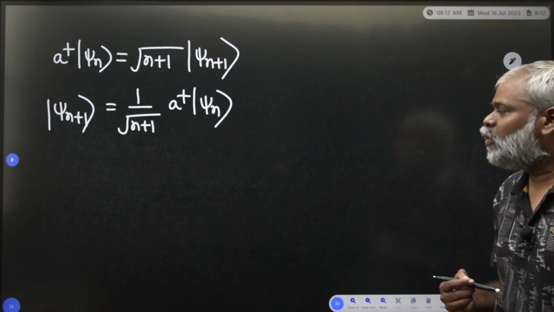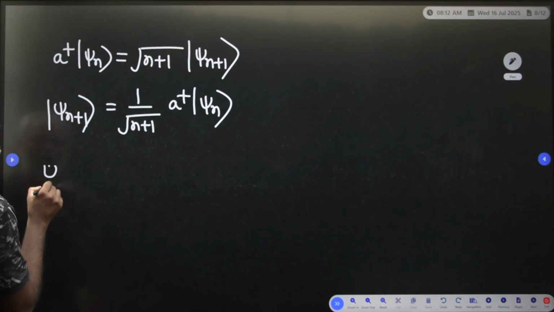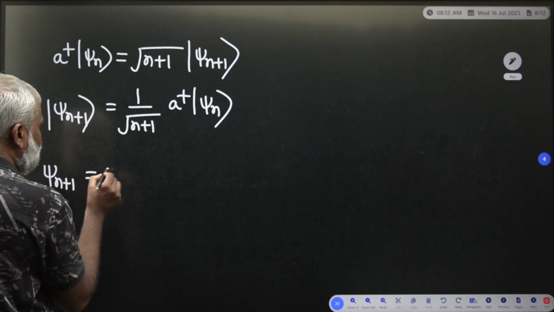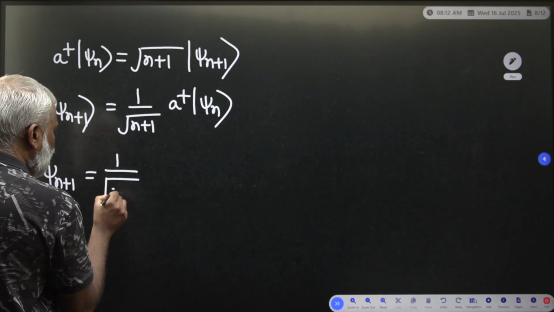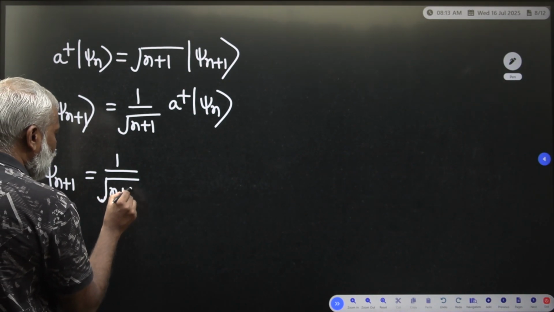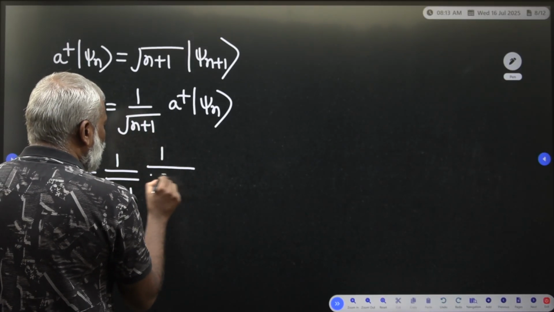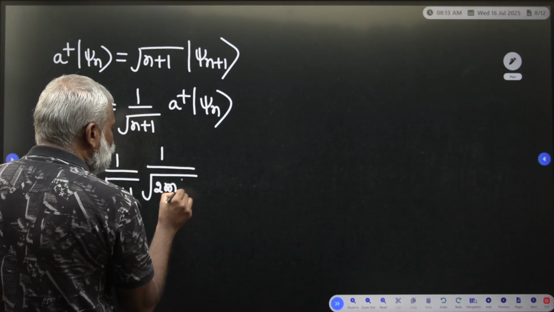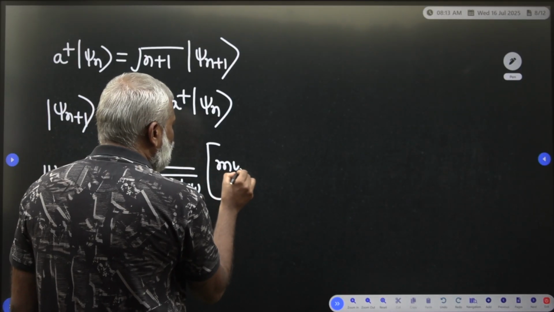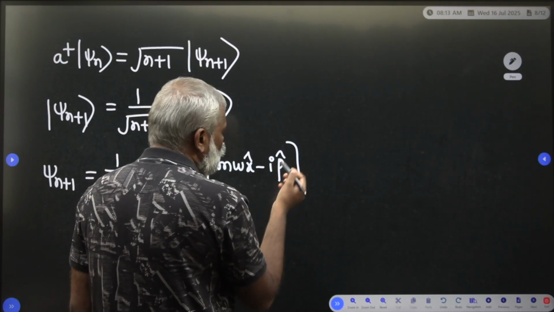So, from this you have to substitute that value: psi n plus 1 is equal to 1 by square root of n plus 1 into a dagger, which is 1 by square root of 2m h cut omega into m omega x cap minus i p x cap into ket psi n.